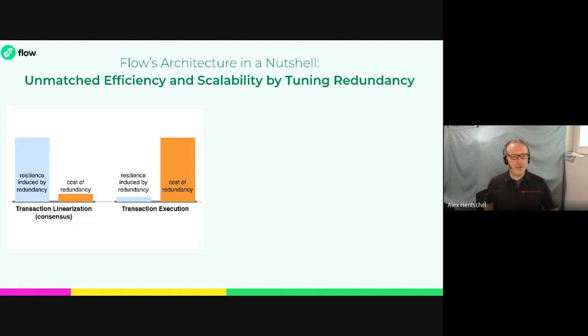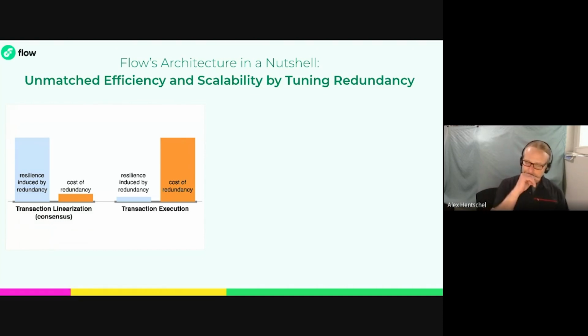What this figure illustrates is that in the transaction linearization phase, so consensus and collector nodes, we benefit a lot from redundancy, right? It makes our system decentralized. It makes our system robust, both against benign failures as well as malicious actors in the system.